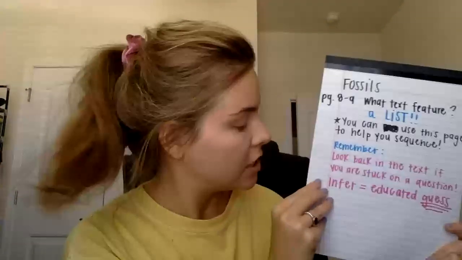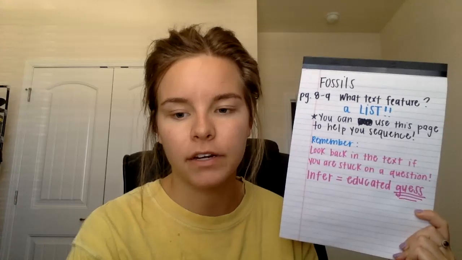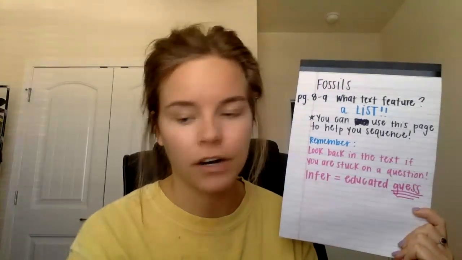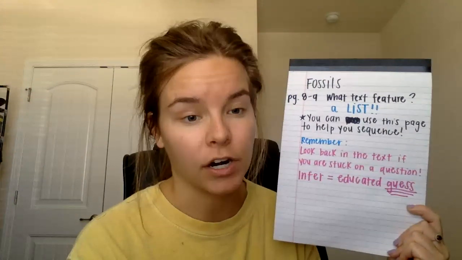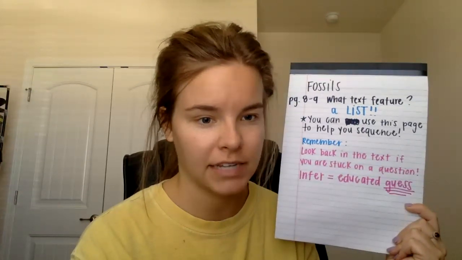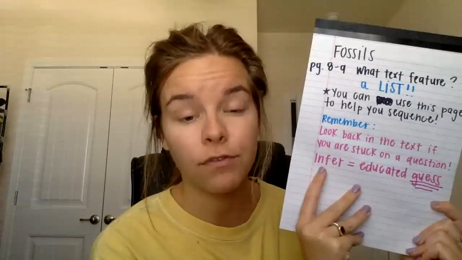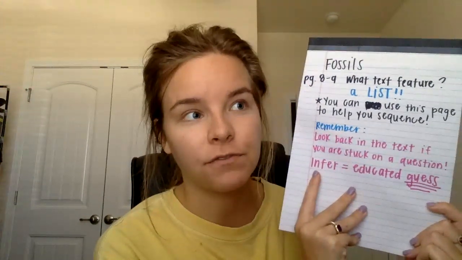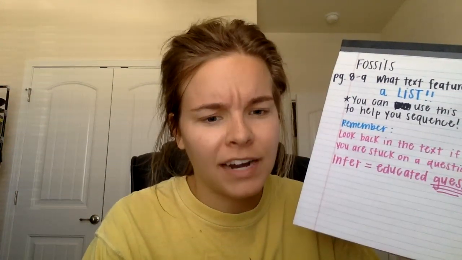In one of the questions today, it talks about inferring, and it says, let me find it. It says to infer what can we infer about the earth when we read that fish fossils exist in dry places? So that's an interesting question, but if we think about it, what can you guess or infer from the fact that fish fossils are found on places that are dry, right?